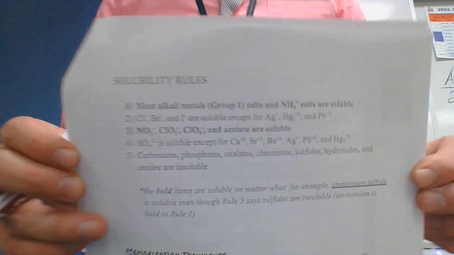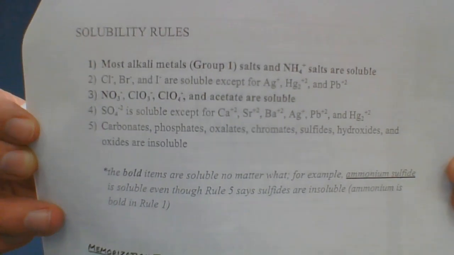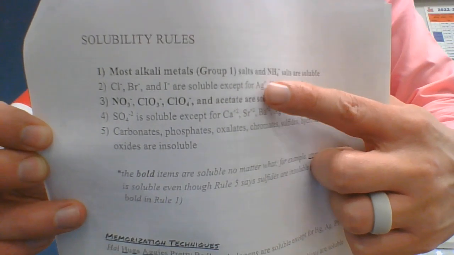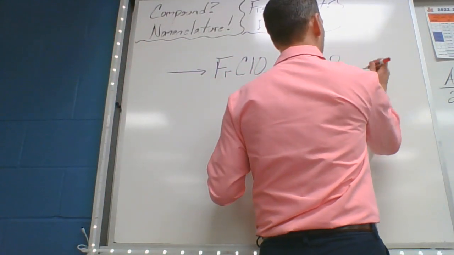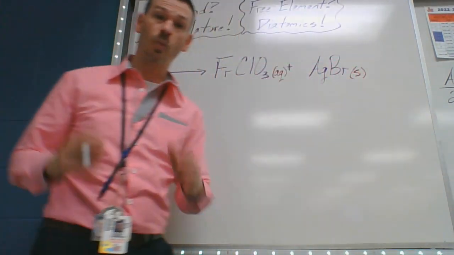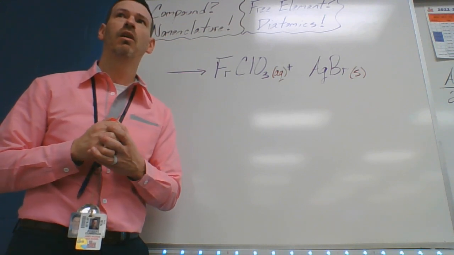Bromine can be found in rule number 2, and you'll see that he usually is aqueous. However, silver is an exception. Therefore, instead of giving him what he usually is, the exception comes into play. So we do have a reaction, and there's your precipitant.